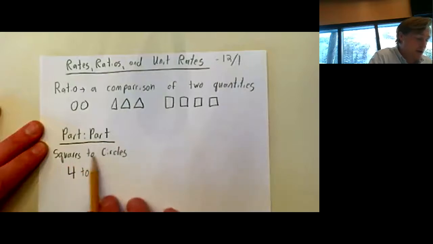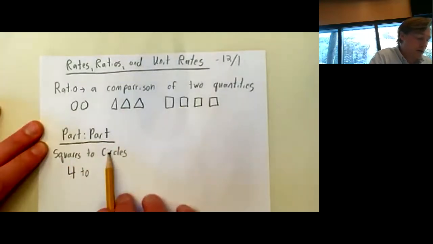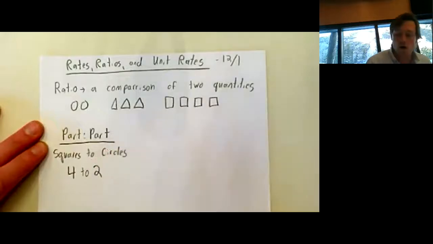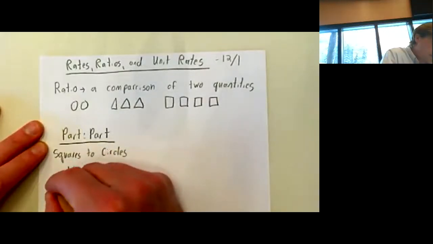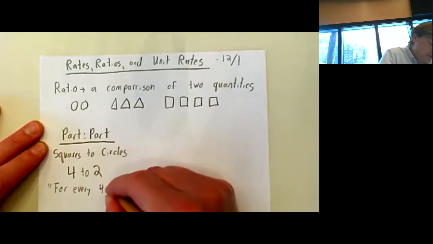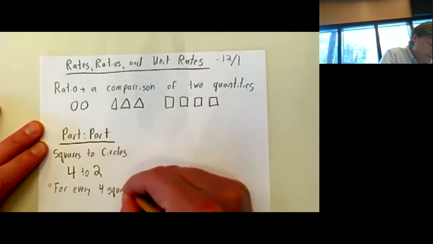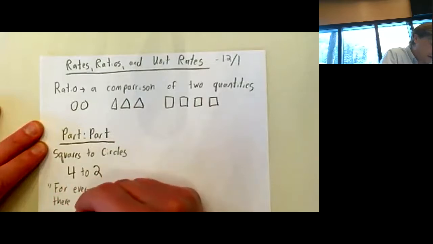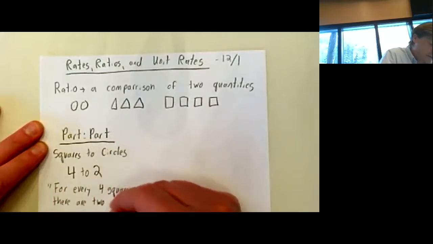So I've got squares, 2 circles. I got 4 squares. And how many circles? I got 1, 2 circles. So that ratio is just 4 to 2. So another way we can say that is for every 4 squares, there are 2 circles.